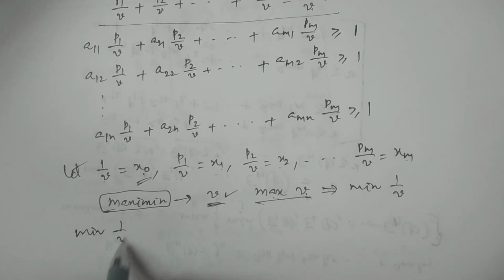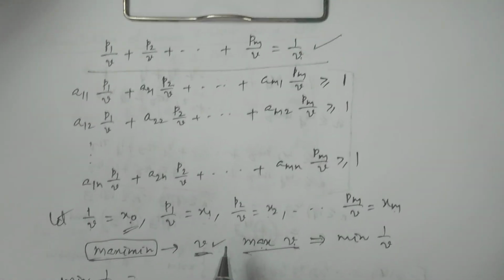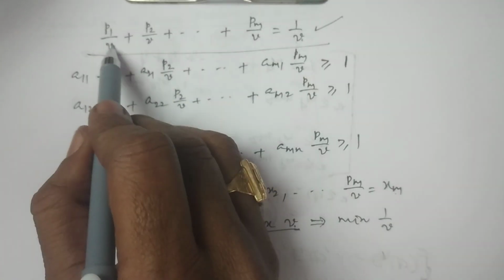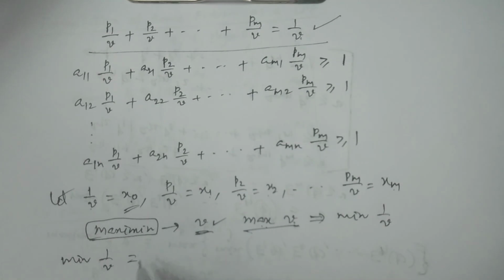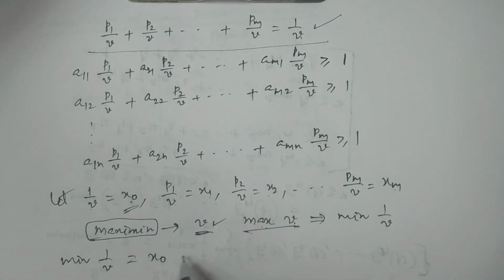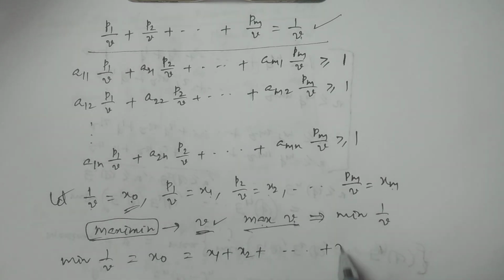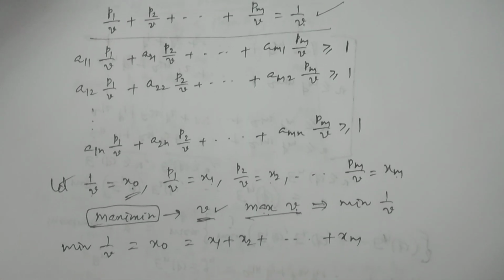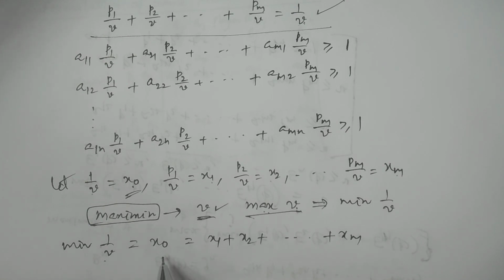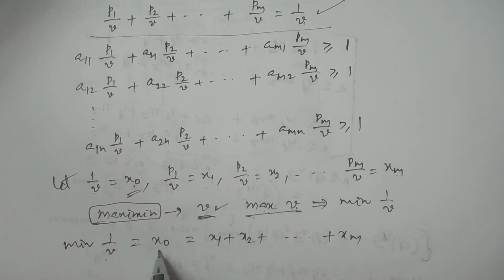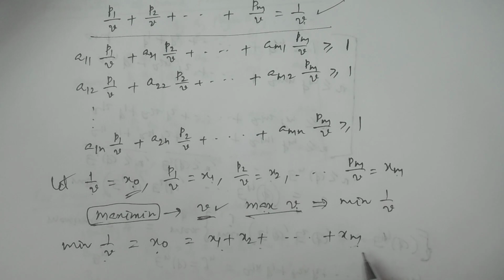Minimizing 1 by mu is equal to x0, that is x0 is equal to x1 plus x2 plus and so on plus xm. Let us consider this the objective function.